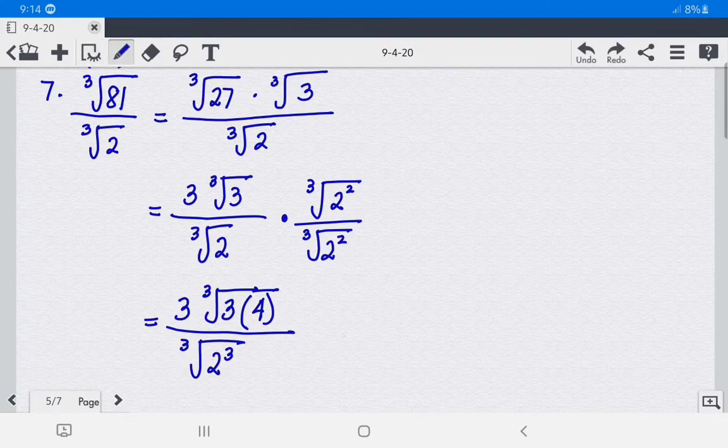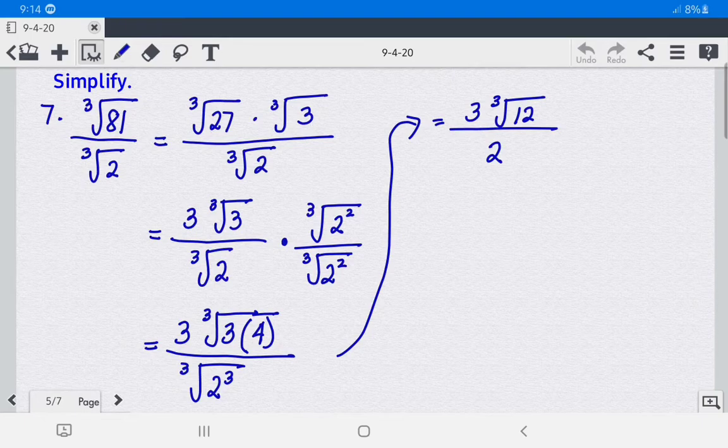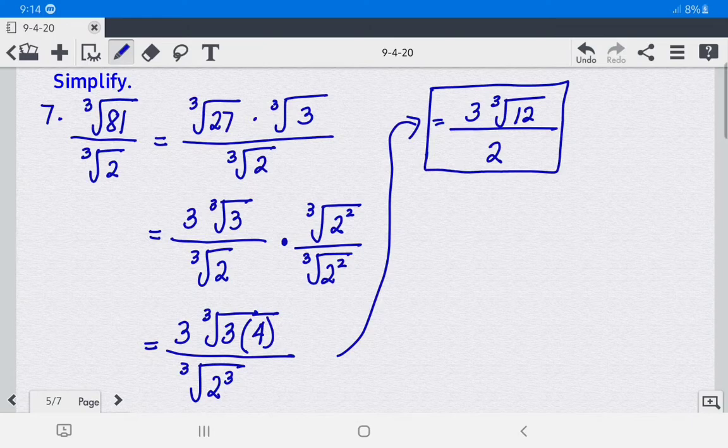Okay? Then, this is now equal to 3 cube root of 3 times 4, we have 12. Then, over cube root of 2 cube is 2. Okay? So, this is now the answer. Okay? So, we have 3 cube root of 12 over 2.